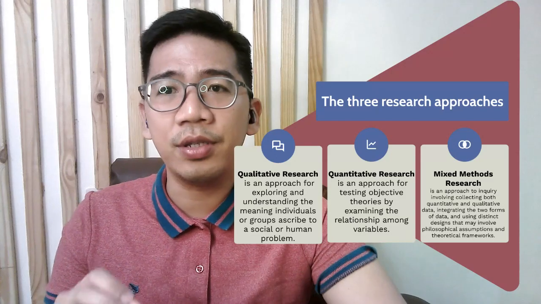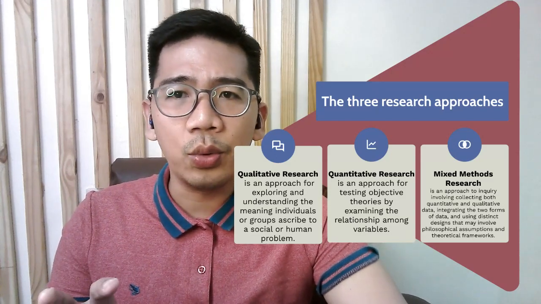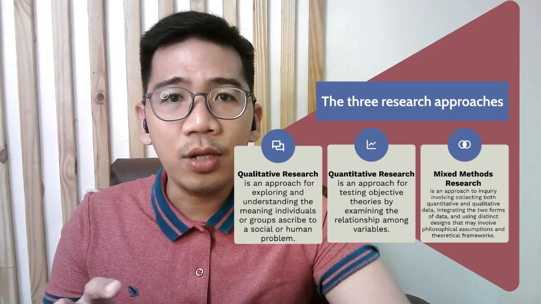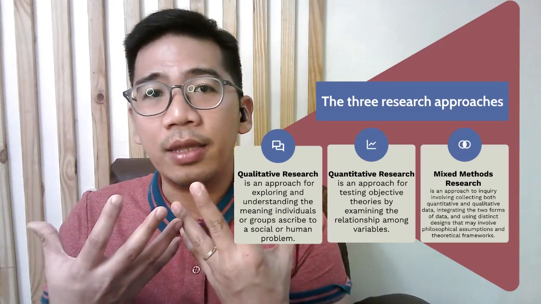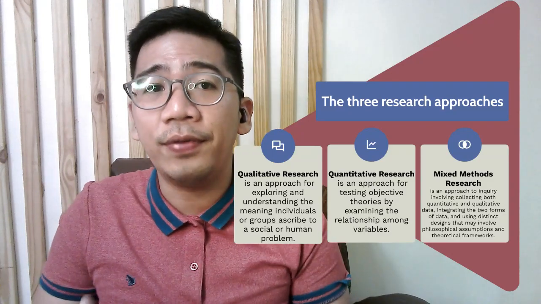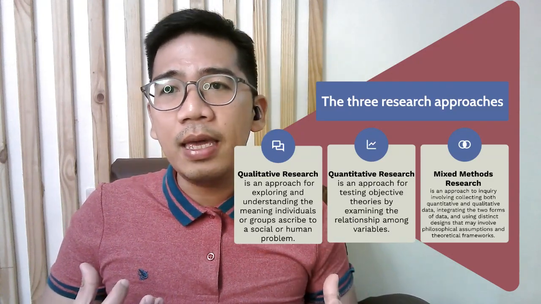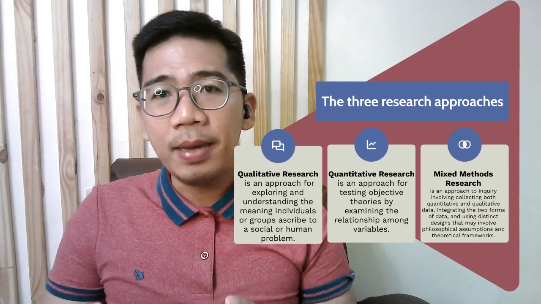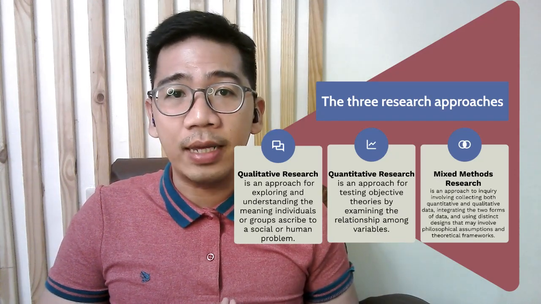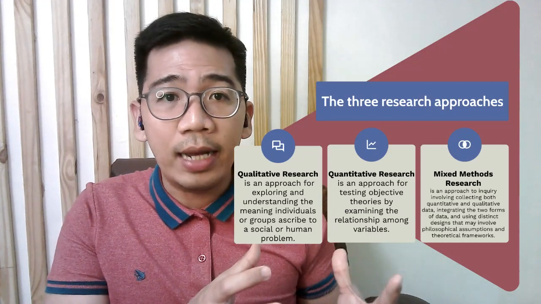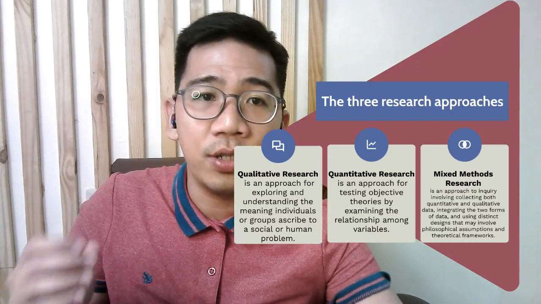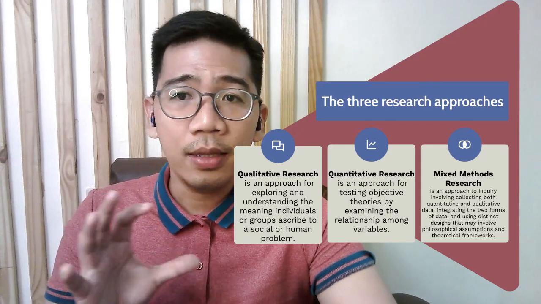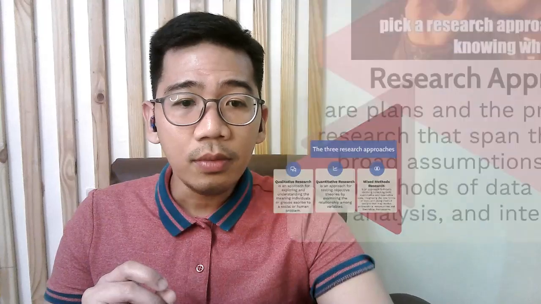Now, mixed methods research is a way to do research that involves collecting both quantitative and qualitative data, combining the two types of data, and using different designs that may be based on philosophical assumptions and theoretical frameworks. The main idea behind this type of research is that using both qualitative and quantitative methods together gives a fuller picture of a research problem than either method alone.